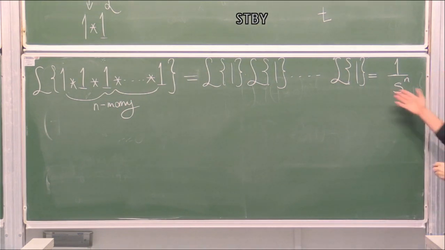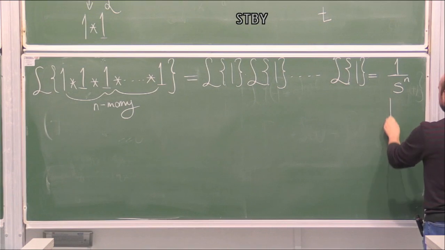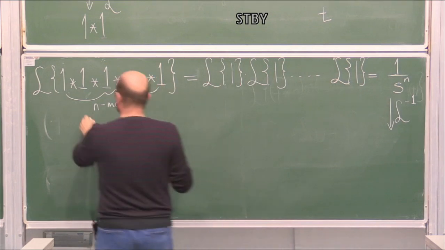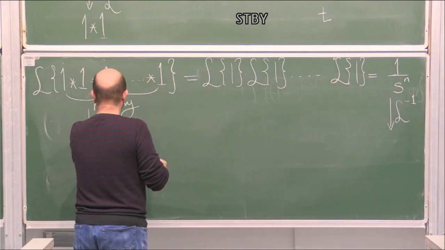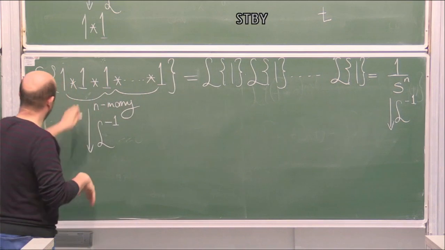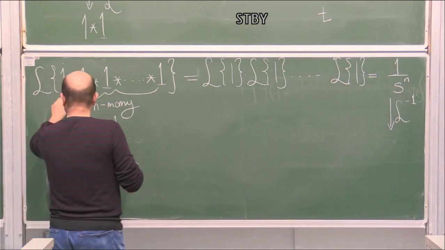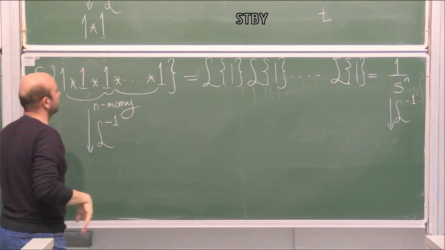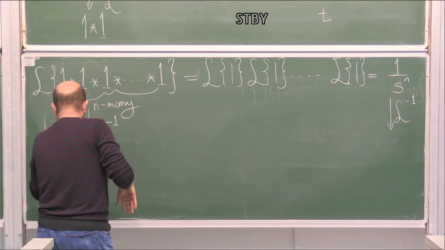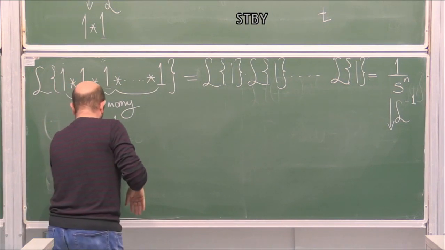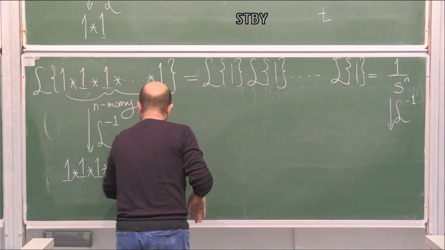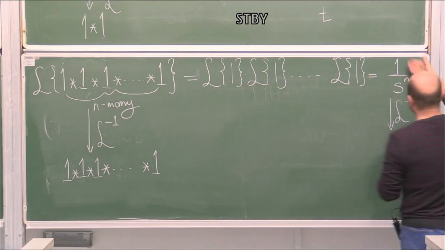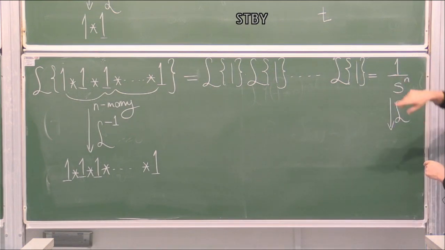And so then what is this? If you take inverse Laplace here, it must be the same as the inverse Laplace of this one. I'm applying inverse Laplace to everything here. So Laplace is taken, I'm just taking its inverse. So I get 1 star 1 star 1. Okay. So it's all about what is happening here. So this is s to the n, and I want to use the formula.